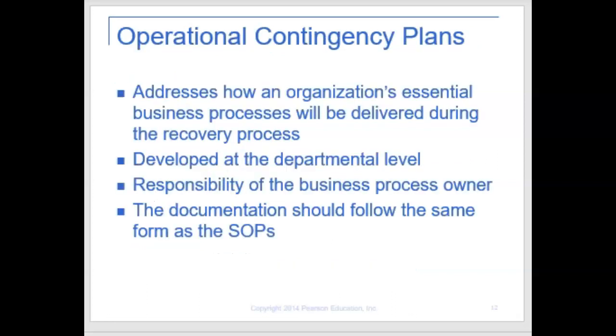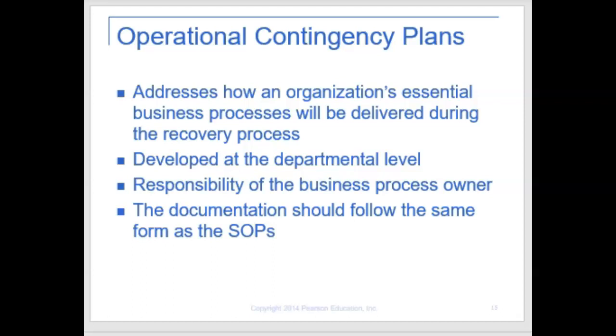Okay, so operational contingency plans are going to address, as part of the BCP, how the organization's essential business processes are going to be delivered, right? Like financial institutions offering their customers the option of banking services during the pandemic, where that is not a primary service that they offer otherwise.